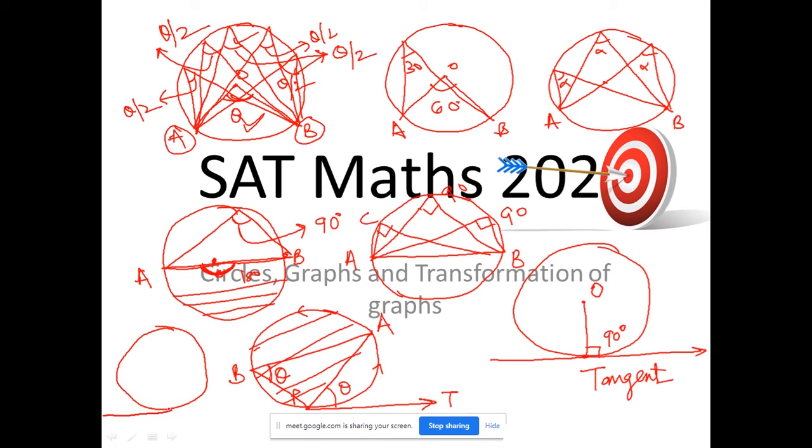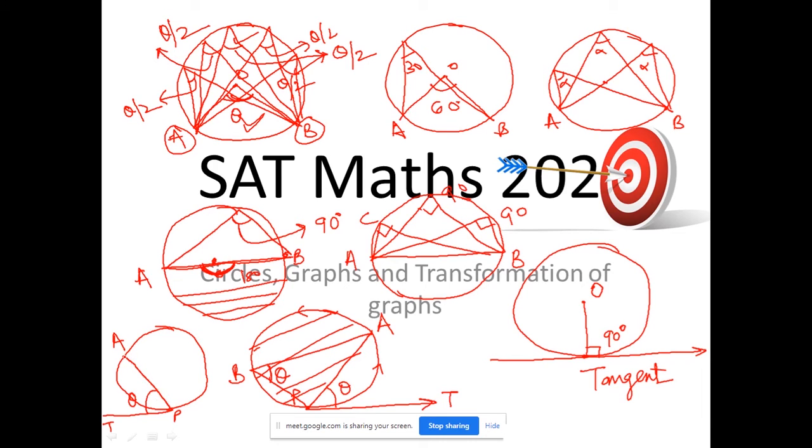I'll repeat that again. Let's say this is a tangent T, it touches the circle at point P, and let's say it makes an angle of theta by connecting P with any point on the circumference.